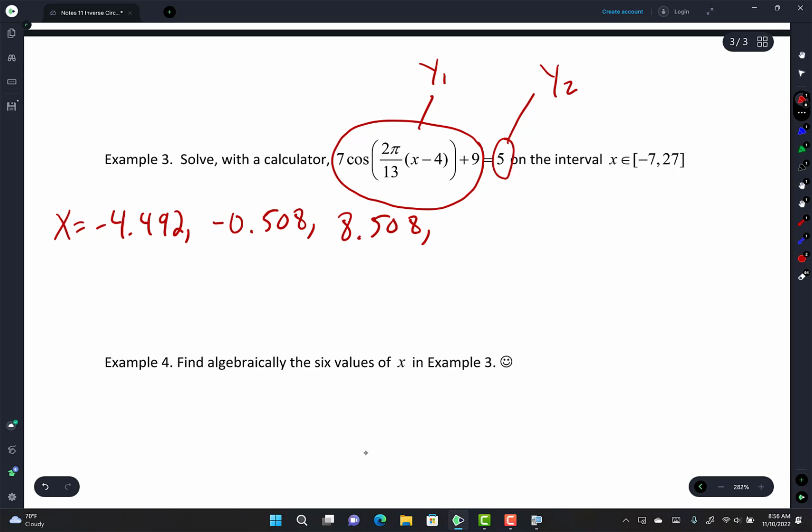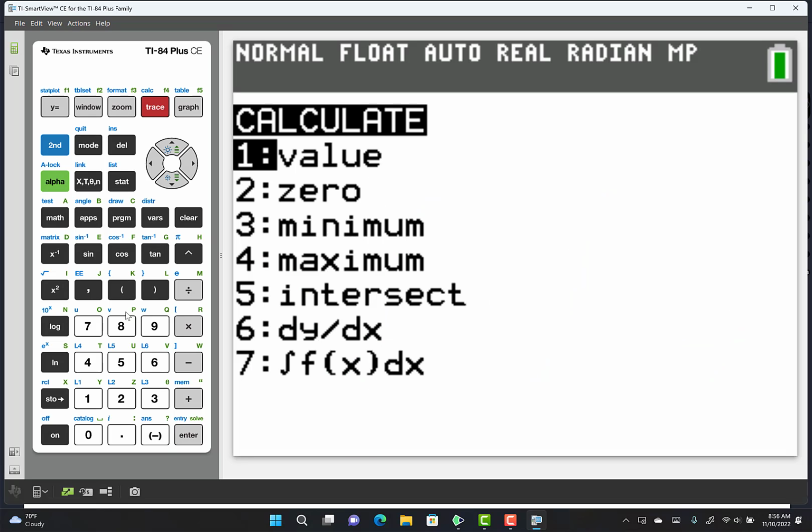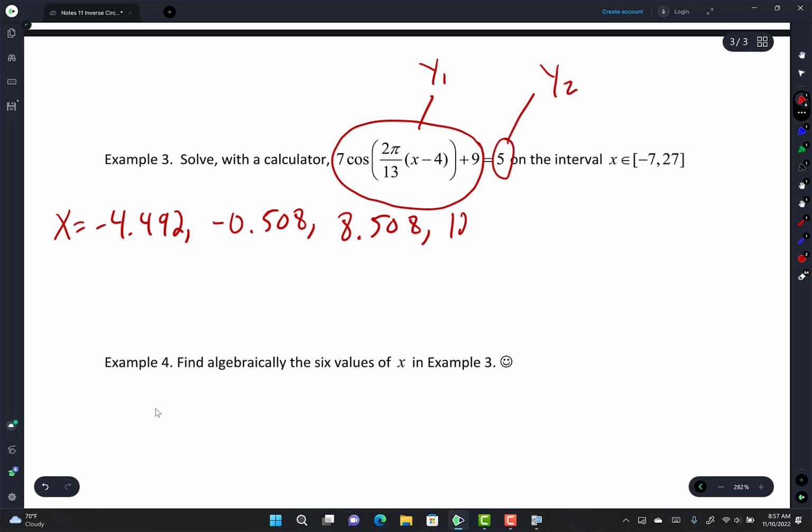Go to the next one. Second calculate, number 5, enter, enter, scroll to the fourth. 12.492. Go to the next one.